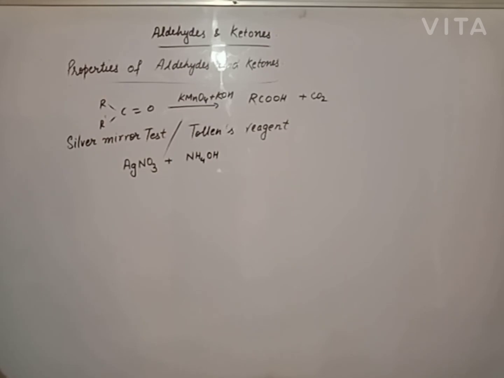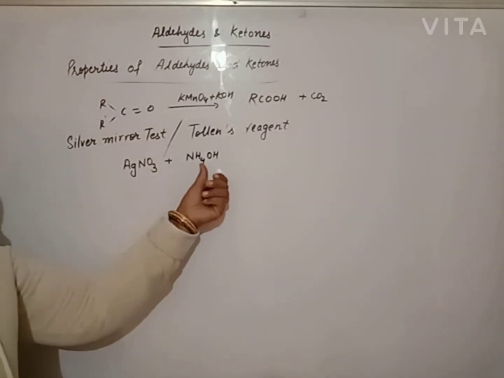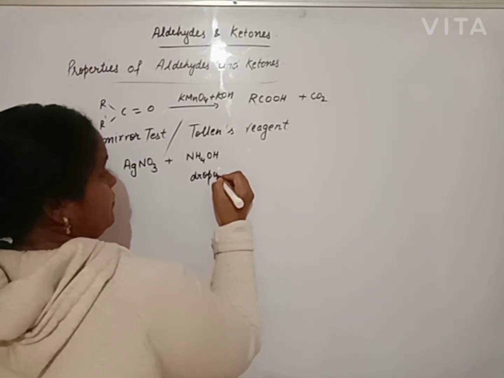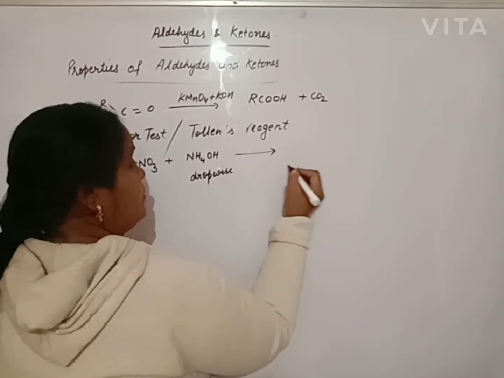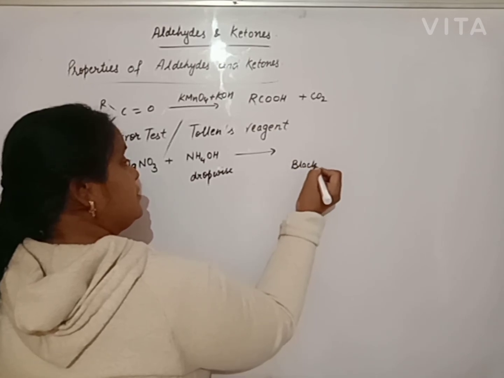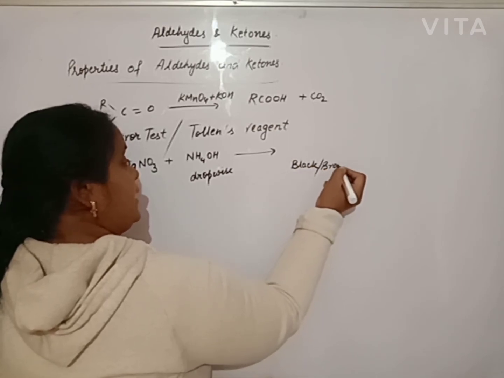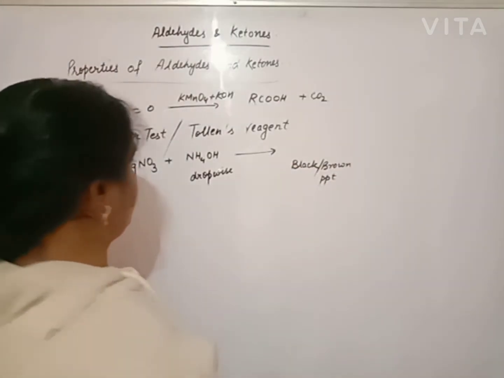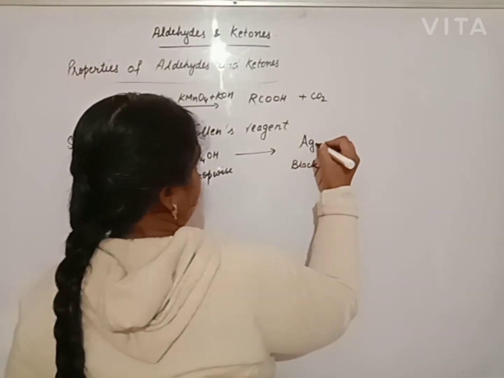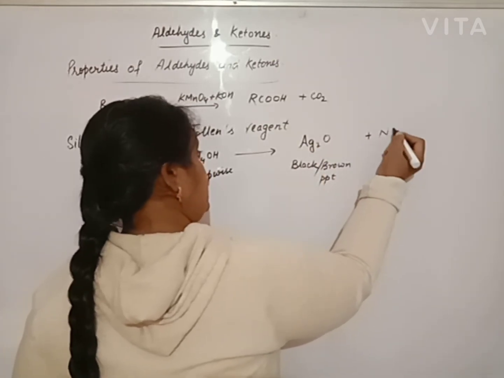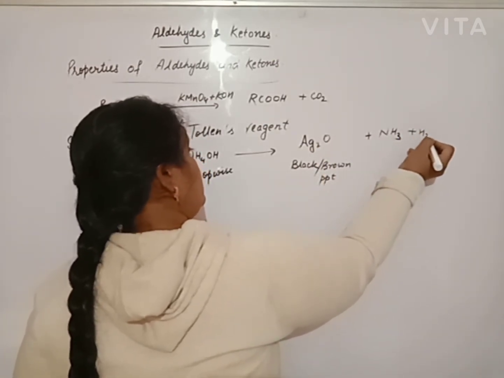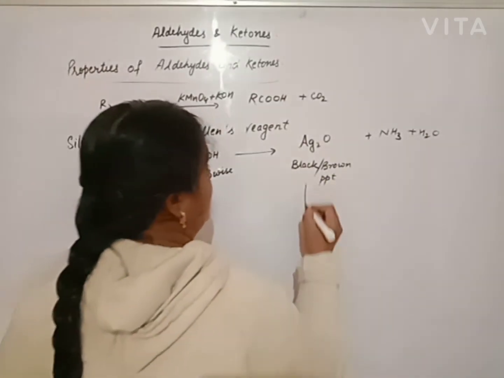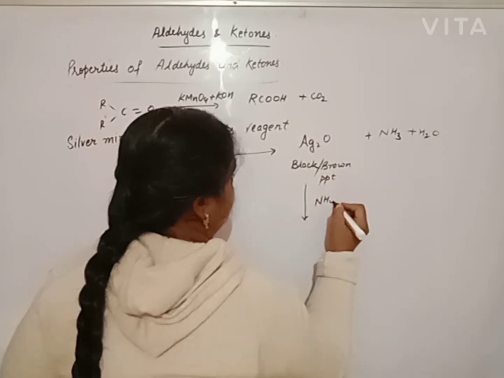In the silver nitrate solution, add ammonium hydroxide dropwise till a brown or black precipitate is formed. These precipitates are of silver oxide, and ammonia and water are released. When the precipitates are formed, you will add excess ammonium hydroxide.